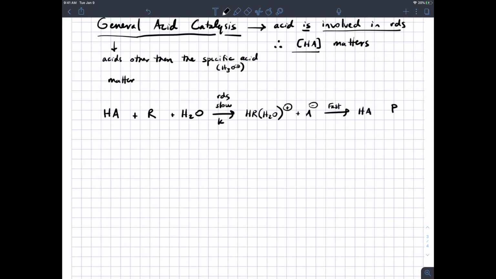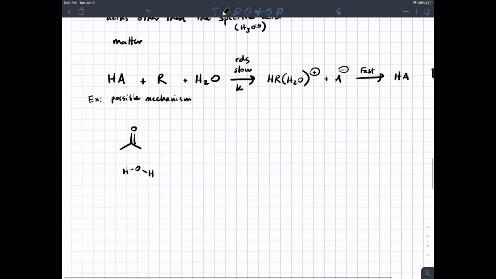Or actually, maybe let's show you an example of that now. This is meant to illustrate a mechanistic hypothesis. We're not saying anything yet about what the data actually say for the mechanism that acetone hydration actually goes through.